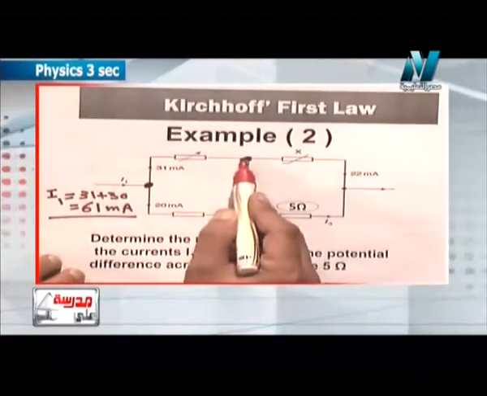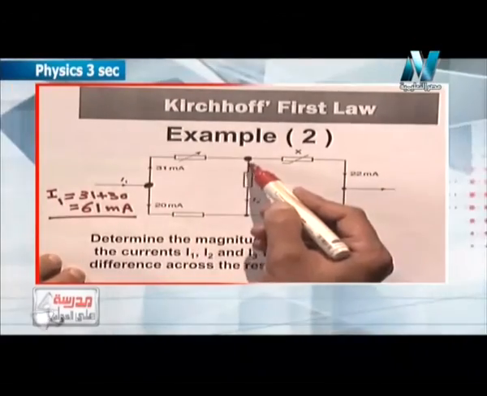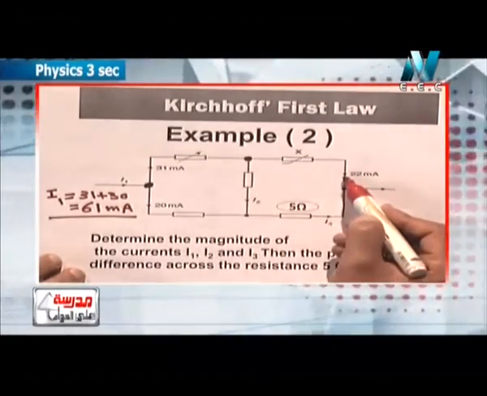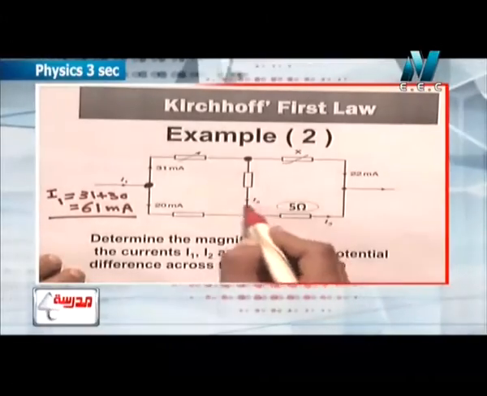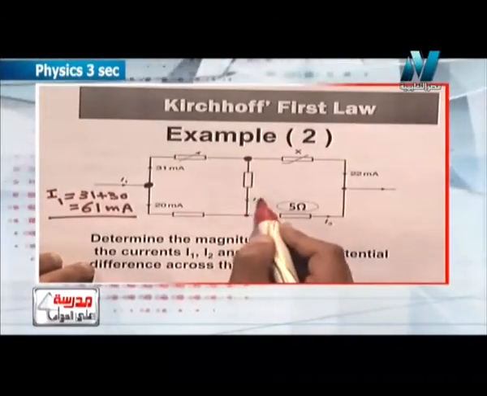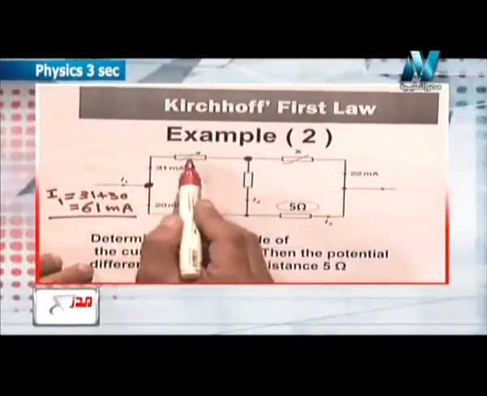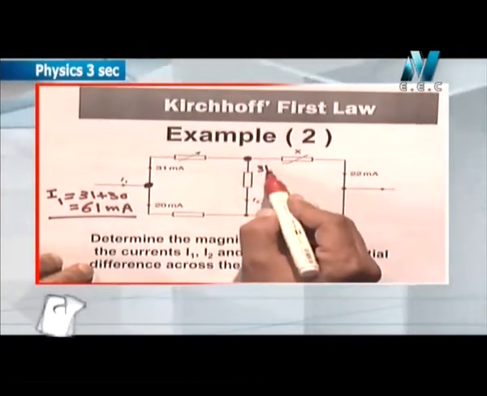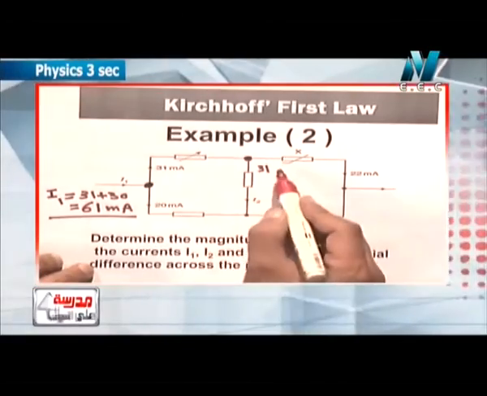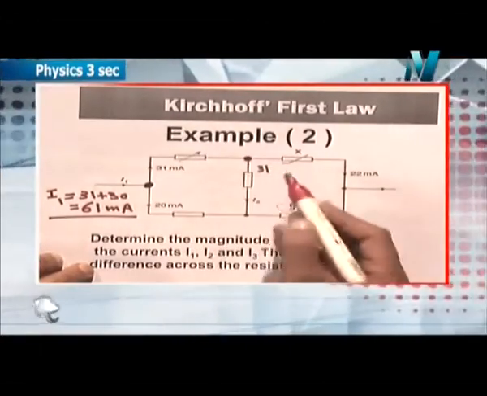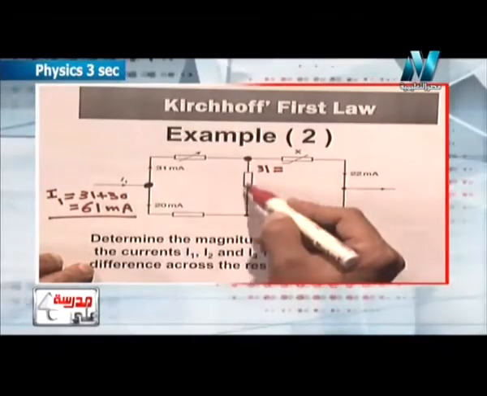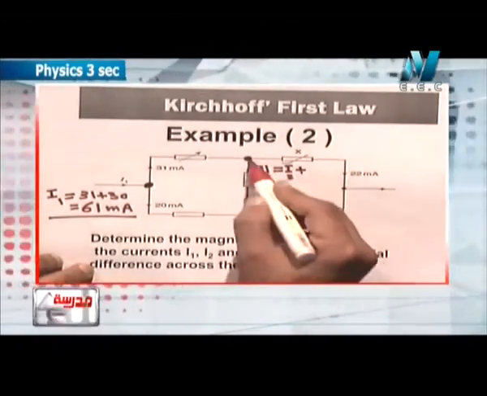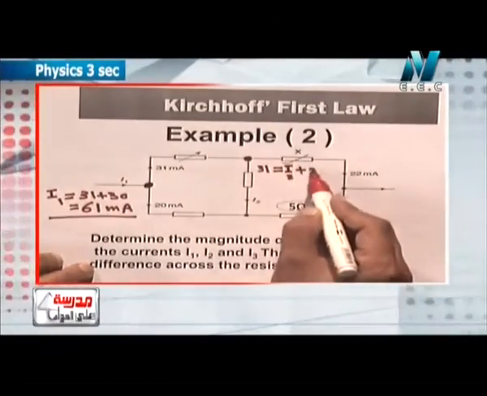31 milliampere enters and I2 goes out and 22 goes out. So we can calculate I2. How do we calculate I2? 31 milliampere enters that node and equals I2 outside from the node plus 22.